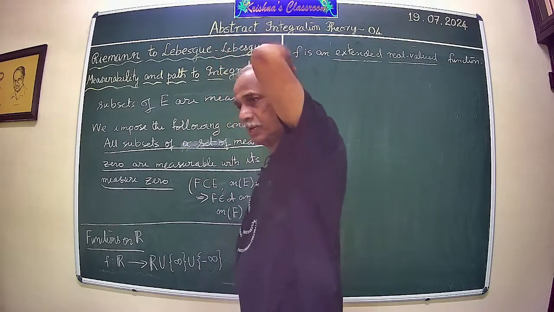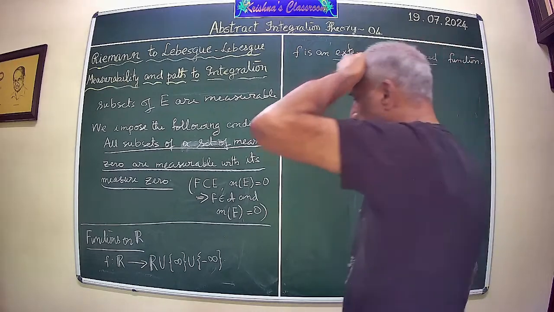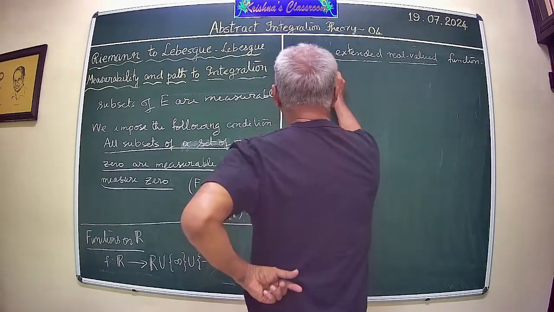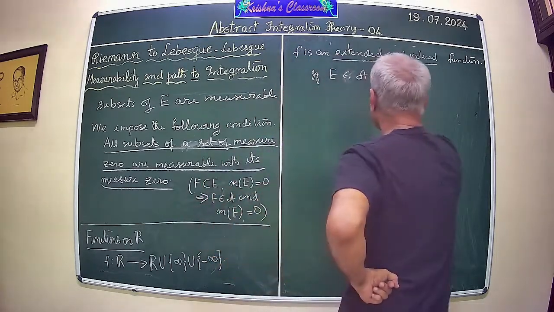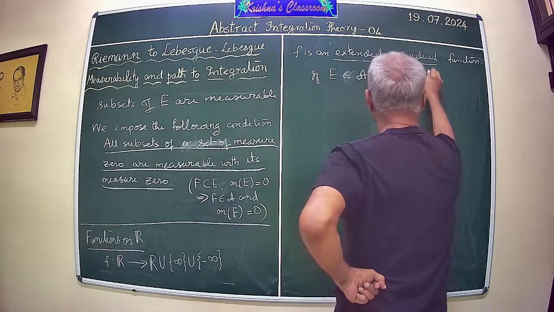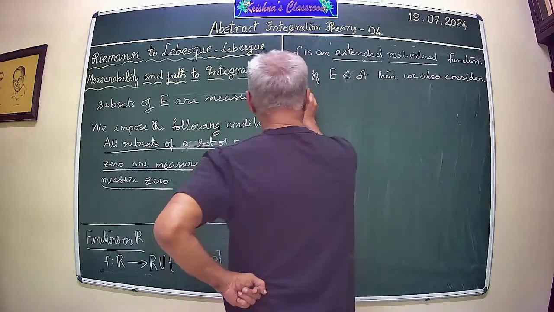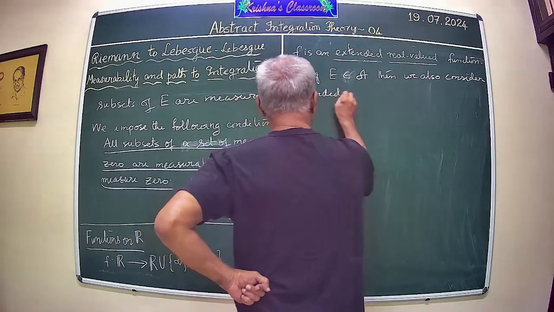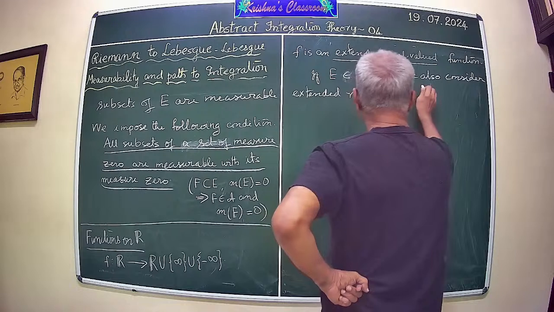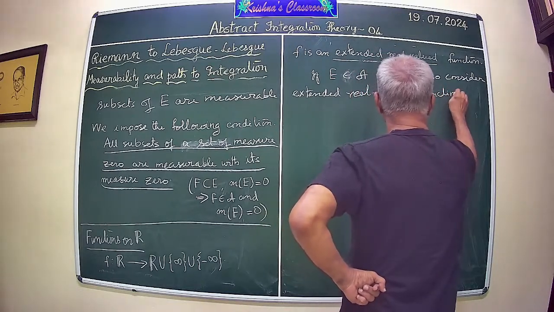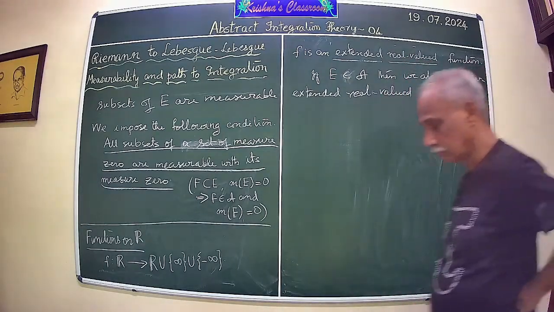Now, if E is a measurable set, then we also consider extended real valued functions on E.